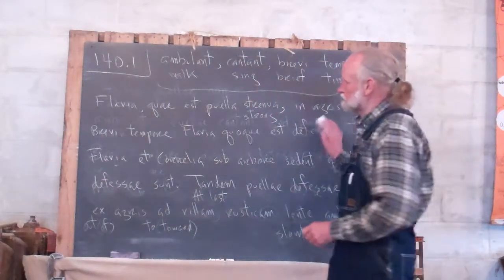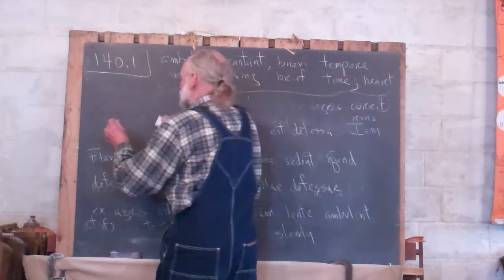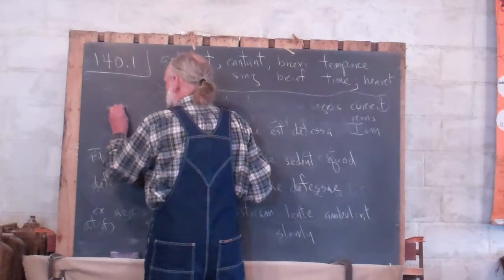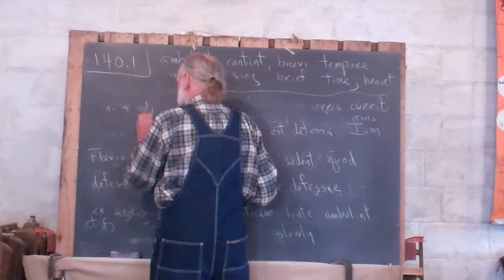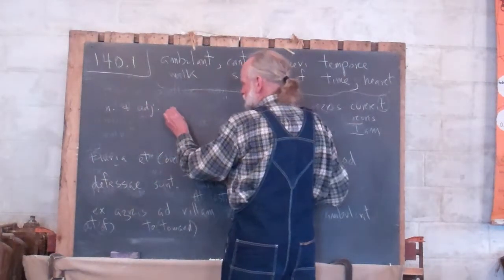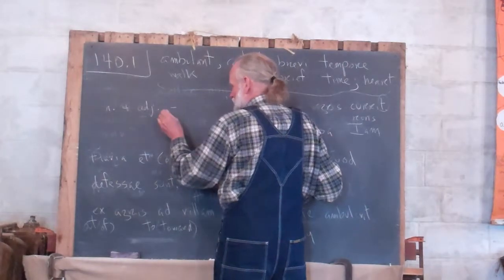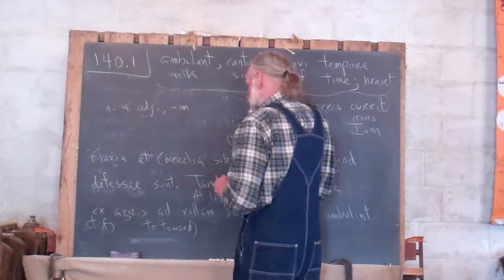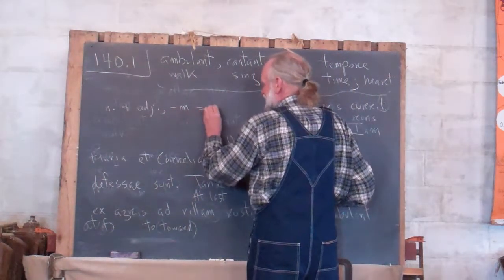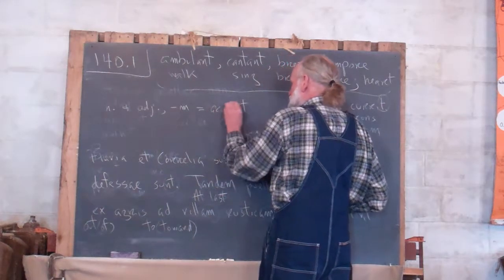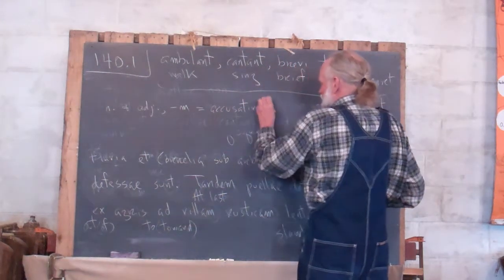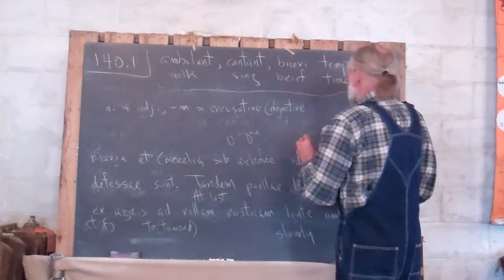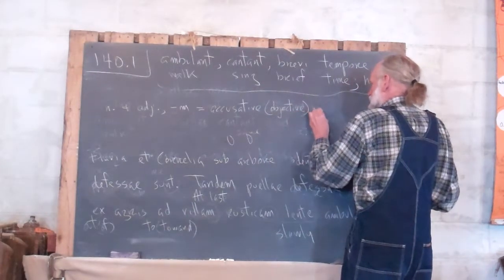And I would add this inflection like this: nouns and adjectives that end with an M, that indicates accusative, in English called objective case.